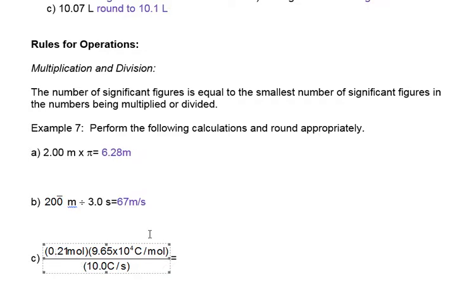When we look at our units, that's actually a little more complex. For our units here, the moles cancel the moles, the coulombs cancel the coulombs. We end up with per second in the denominator. So if we're dividing by per second, that's the same as multiplying by seconds. So we end up with just seconds for our units there.